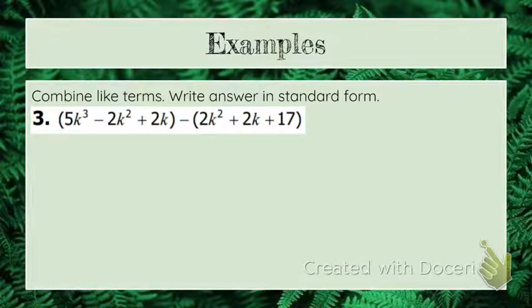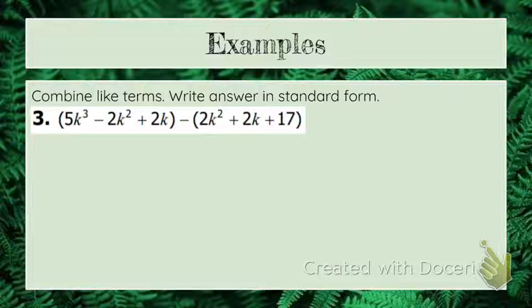So for number 3, I just wanted to run through a subtraction problem with you. You have to change the sign of all of these. I'm going to show you 2 ways to approach this problem. The first way is just to mentally tell yourself that you have to subtract this thing.